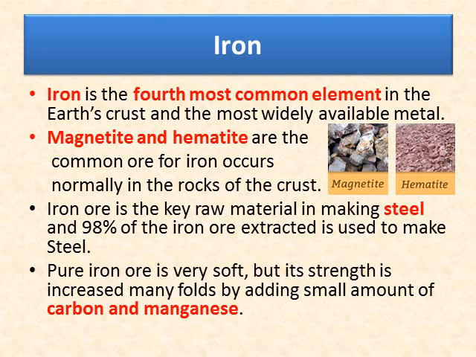The pure iron ore is very soft, but its strength is increased many folds by adding small amounts of carbon and manganese. You know children, the pure iron is very soft.